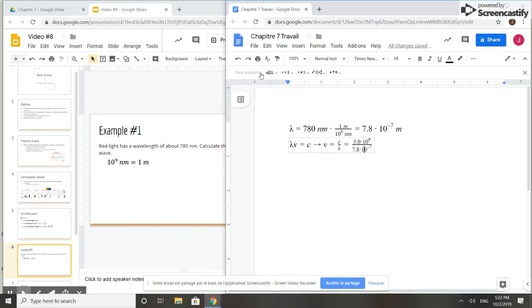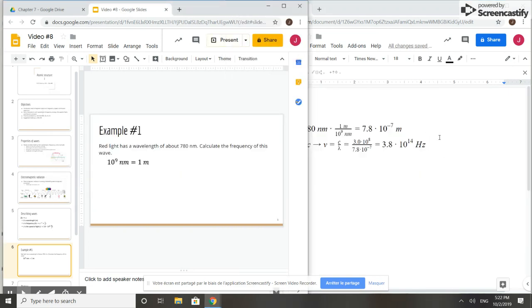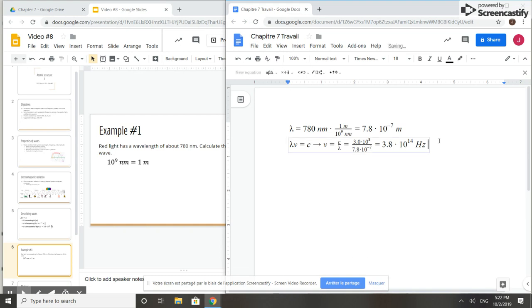Oh, I don't know why I just did 9 there. That was not intentional. Hopefully that didn't confuse you too much. And I got 3.8 times 10 to the 14th power, and that is in hertz. You could have also done 1/seconds, or seconds to the -1 power. It all just means the same thing.